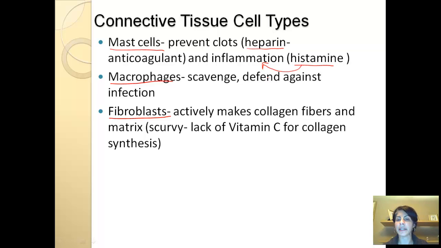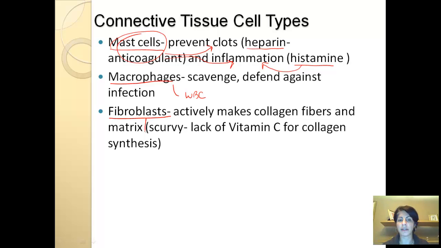So something happens in connective tissue, mast cells will come and save the day by preventing clots from forming and starting an inflammation response. Macrophages, as you may know, are white blood cells, and they actually travel around all this matrix, scavenging and defending against infection and looking for foreign substances.